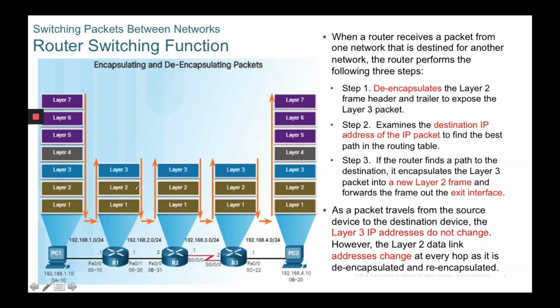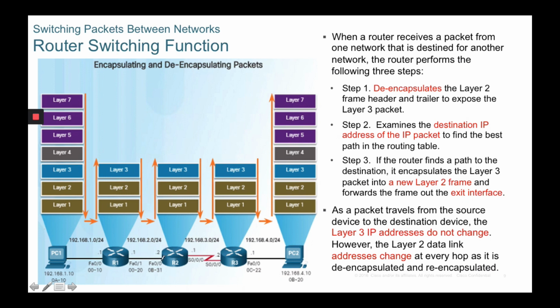So the encapsulation at layer 2 is to determine the next hop MAC address that you're going to send to. So it will encapsulate, go down to layer 1, convert it into binary bits, and pass it to router 2, and it will arrive here.